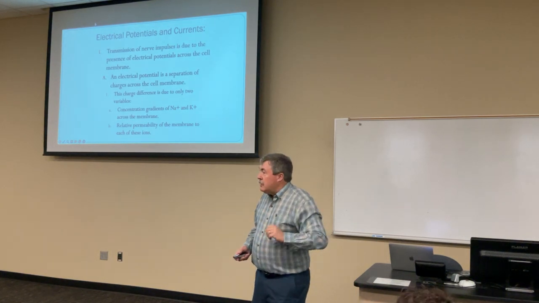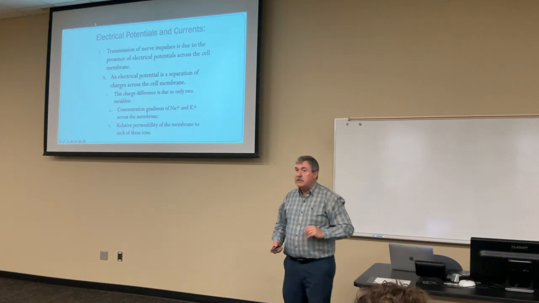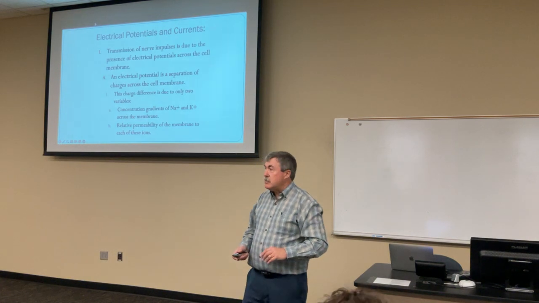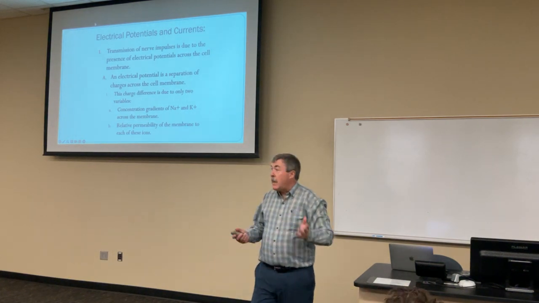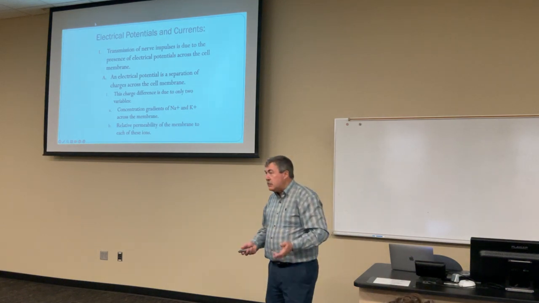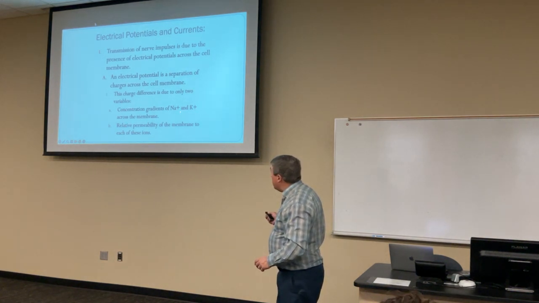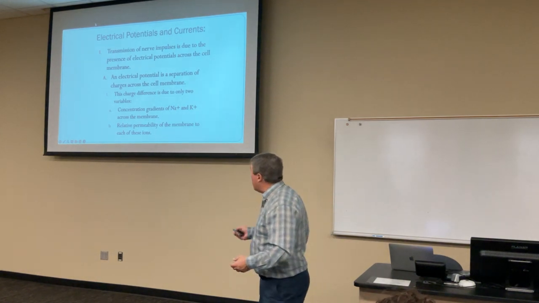However, potassium has a tendency to leak back out of the cells because there are what they call potassium leak channels in the cell membrane. So potassium just leaks back out, and when that happens, that leaves an excess of negative charges on the inside of the cell. So this is one factor that makes this electrical gradient or electrical potential possible.